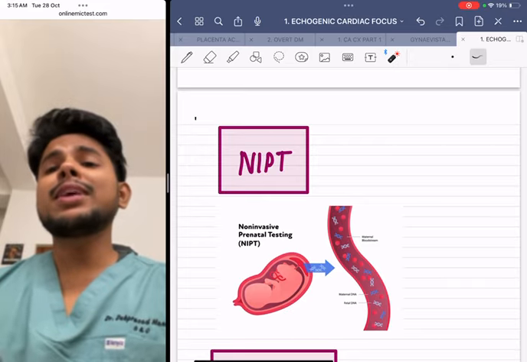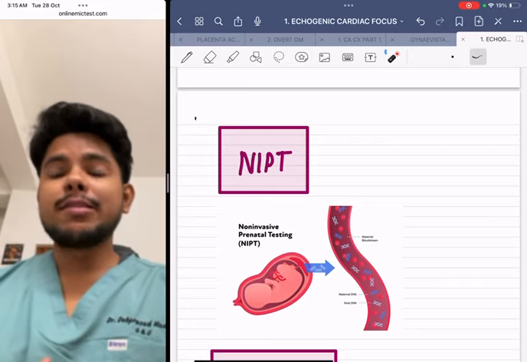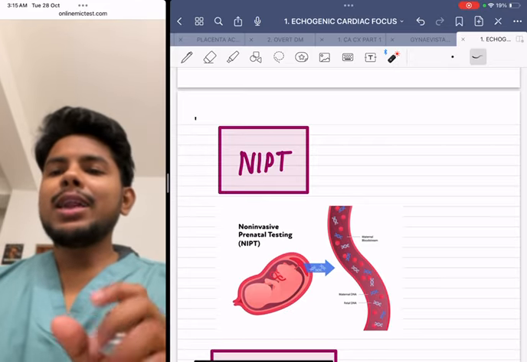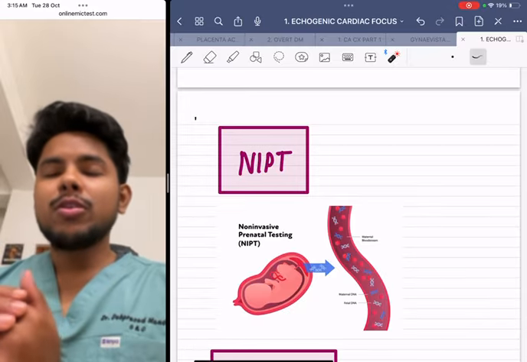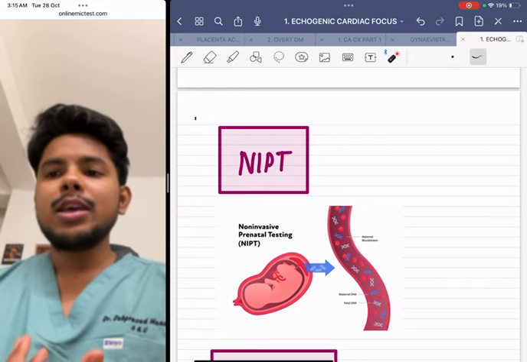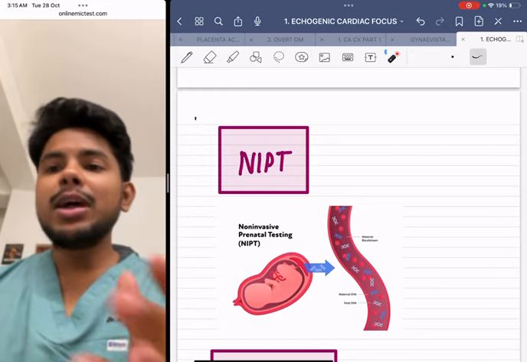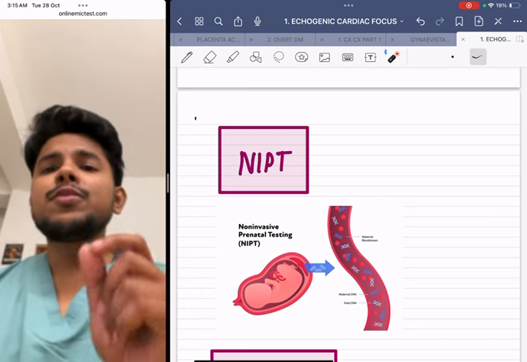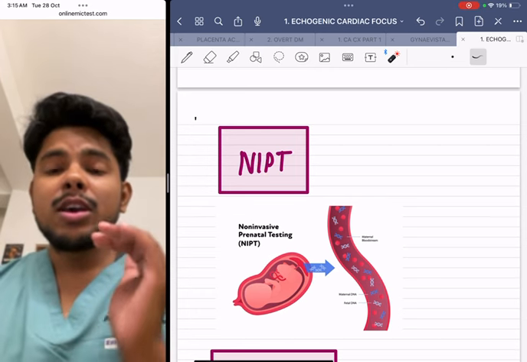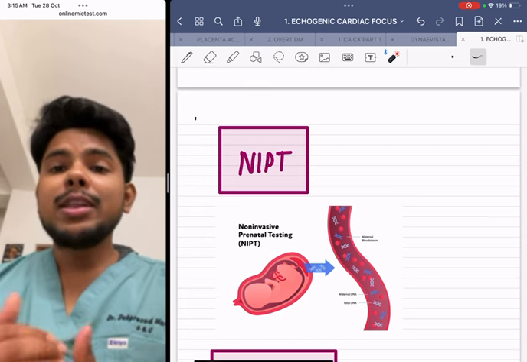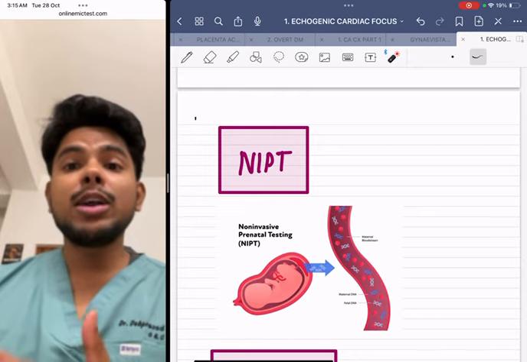So what we go for is NIPT, non-invasive prenatal testing. Here we analyze the DNA. We call it cell-free fetal DNA, and it's just a simple blood test. And if the NIPT is negative, it is a very, very accurate test. The accuracy is more than 99% for Down syndrome.